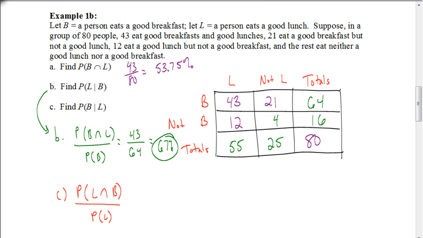So the number of people that eat a good lunch and a good breakfast, there's 43, out of those that ate a good lunch, which was 55 people. So the probability that they ate a good breakfast, given that they ate a good lunch, is 43 out of 55, which as a decimal is 0.78, or 78% would be our answer.